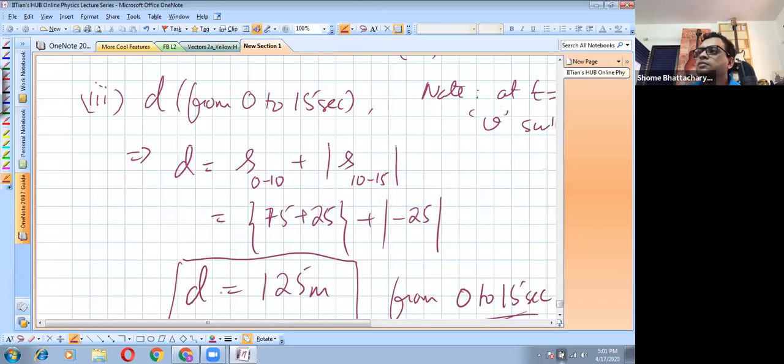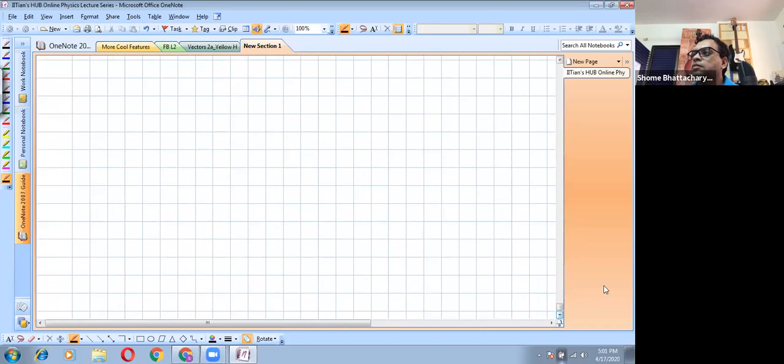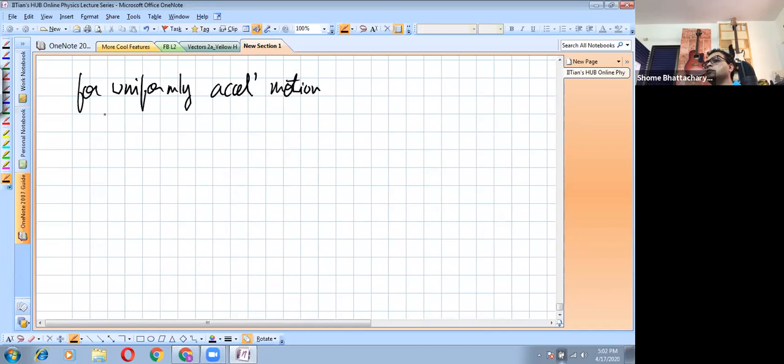Now, quickly as we wind up, we'll also understand the third equation of motion and how to derive it. For uniformly accelerated motion, we've seen that v is equal to u plus at, which is giving you velocity as a function of time.